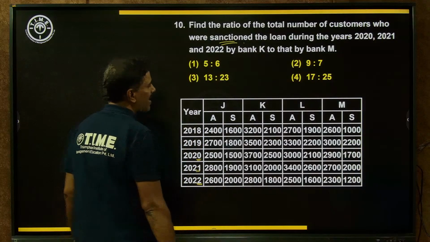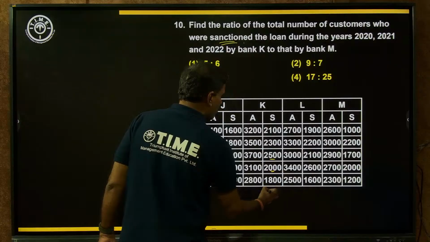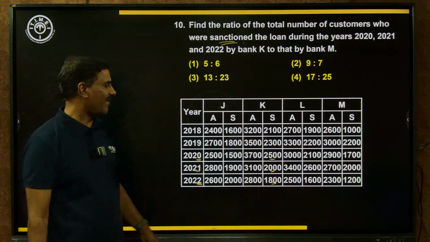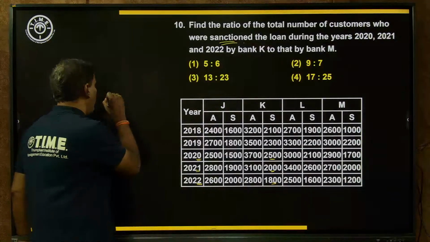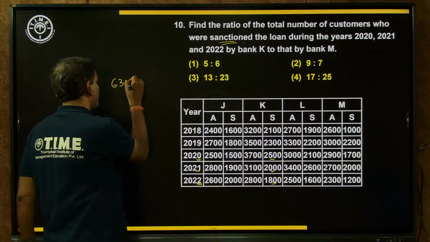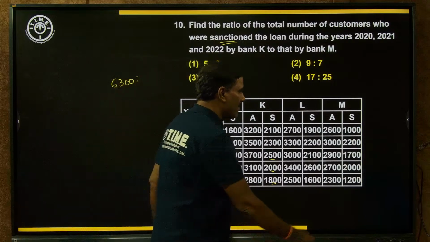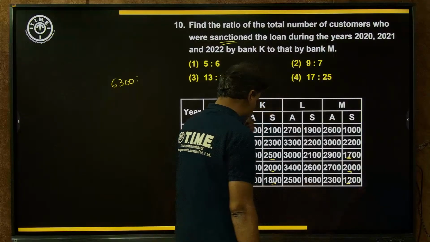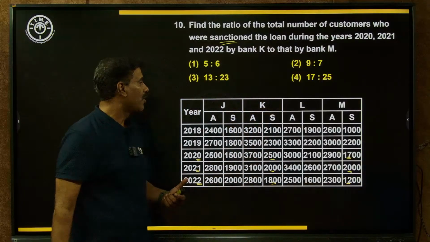Coming to bank K, 2020, 2500, next year 2000, next year 1800. 25 plus 20, 45. 45 plus 18, 63. 6300. That is about K. And coming to the other bank M, M is 1700 here, 20 here, 2000 there, 1200 here. 17 plus 20, 37 plus 12, 49.